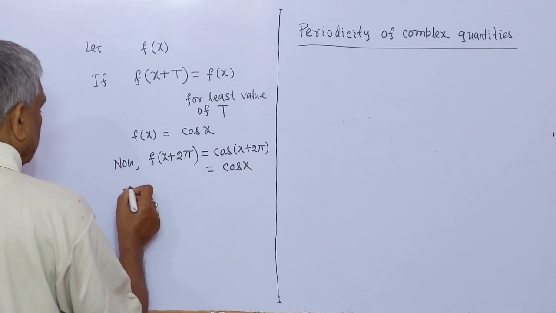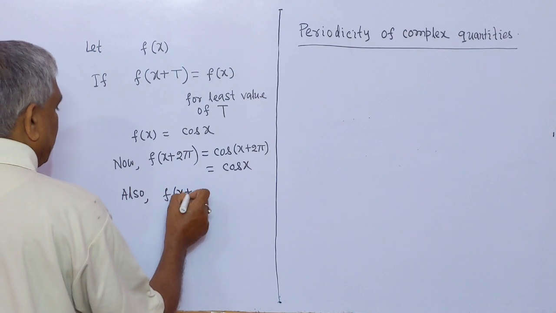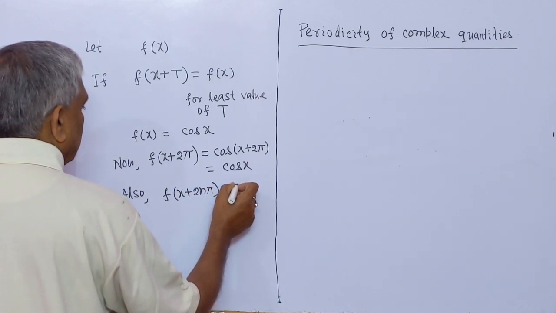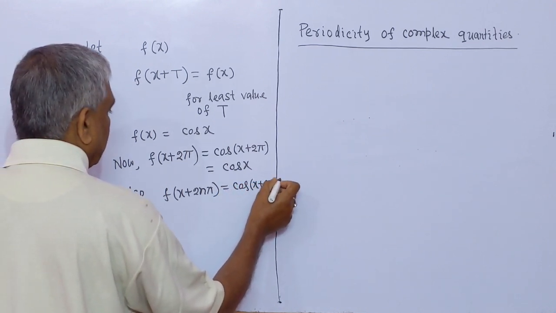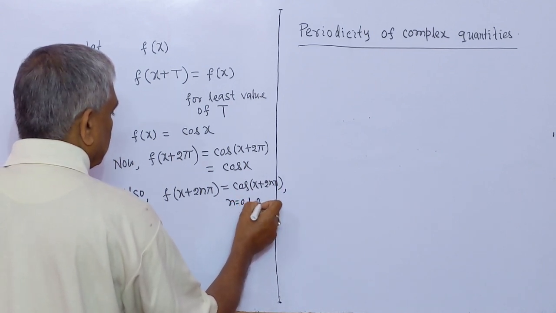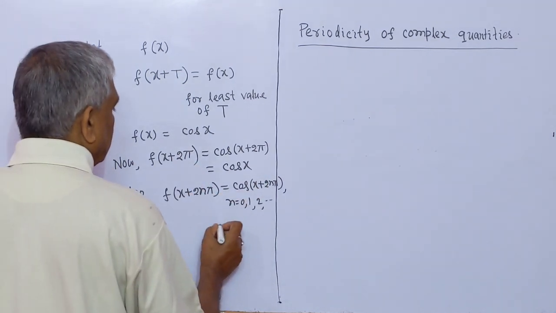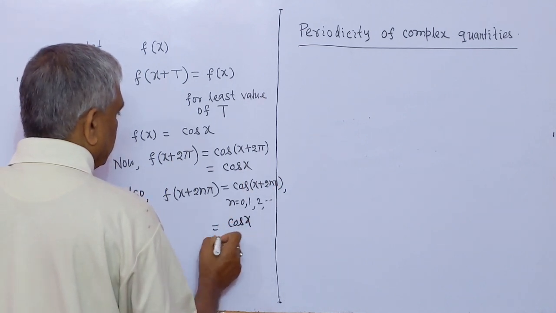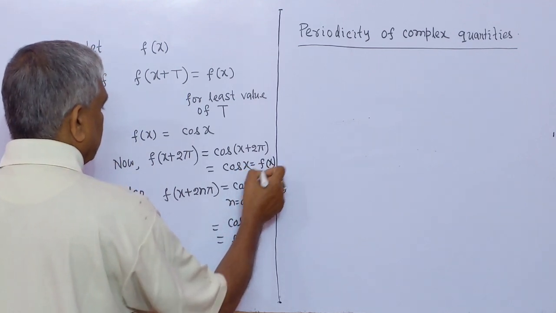Also f(x plus 2n pi) equals cos(x plus 2n pi), n equal to 0, 1, 2, and so on, and this cos(x plus 2n pi) is cos x, which is f(x).